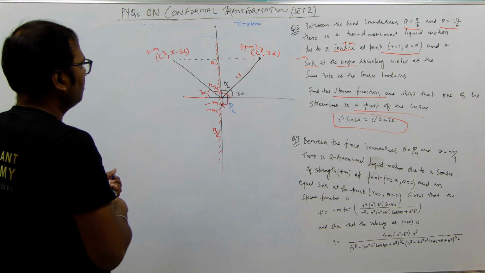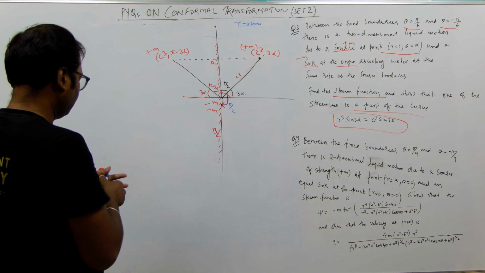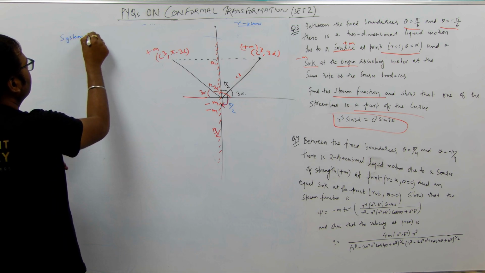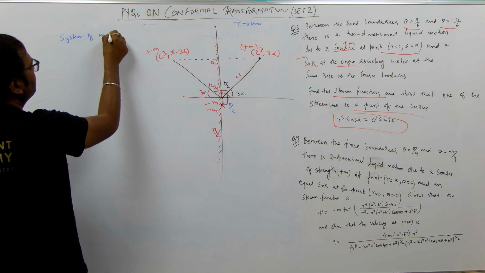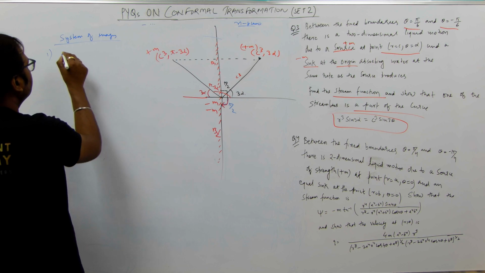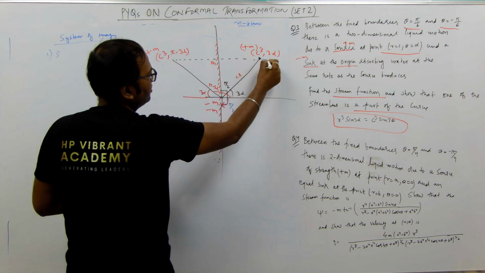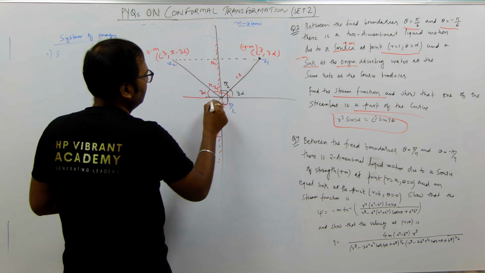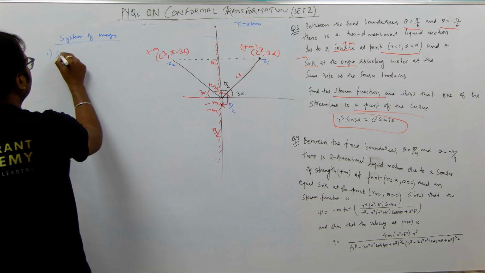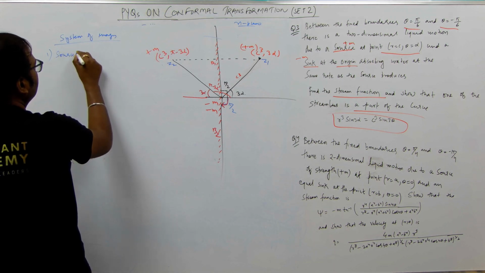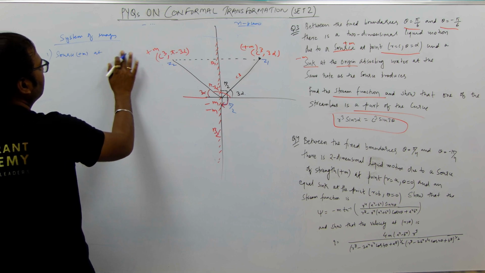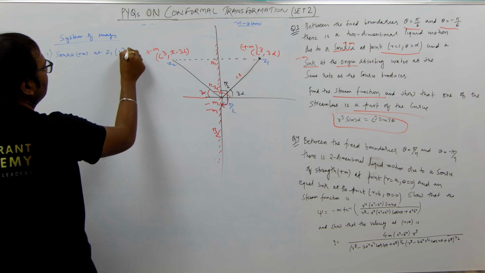So let us write down the complex potential with the system of images. The equivalent image system is: let us name this Z1, this is Z2, and this is origin. First, source plus m at Z1, that is c cube 3 alpha.